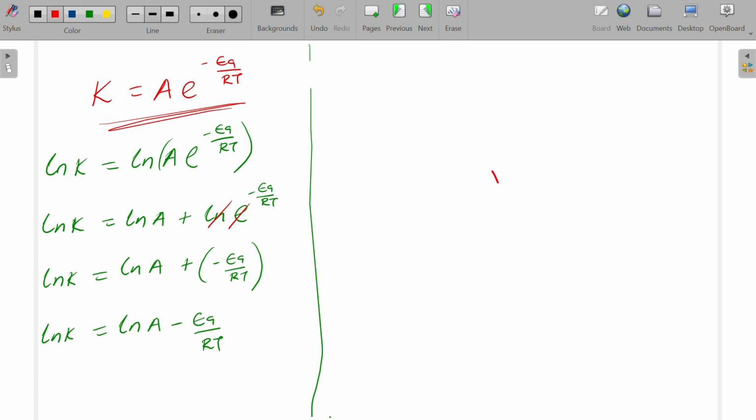Now from there, at two temperatures, T1 and T2, we'll have k1 and k2.